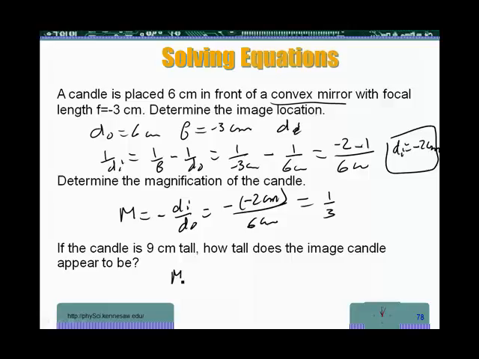The magnification is also HI over HO. We are told that the magnification is 1/3, and we are given HO. So 1/3 is equal to HI over 9 centimeters. So HI is 9 centimeters over 3, or 3 centimeters, 1/3 as big.